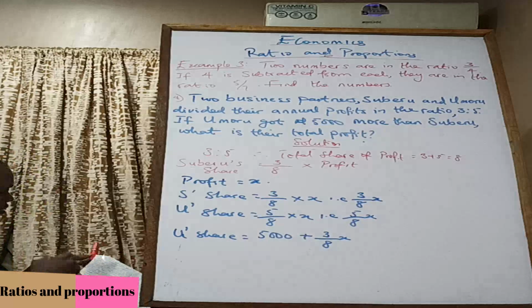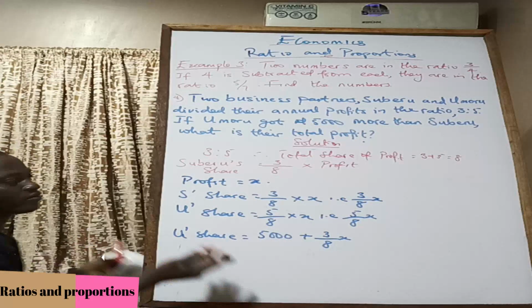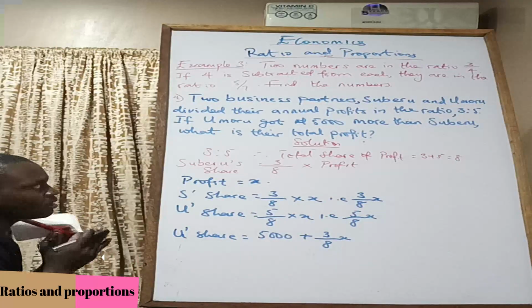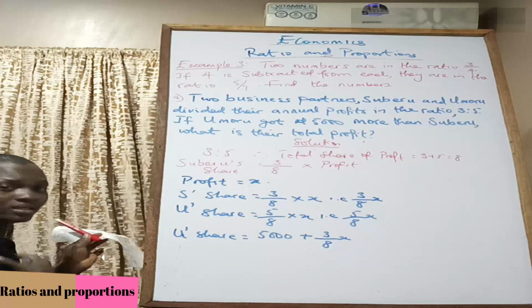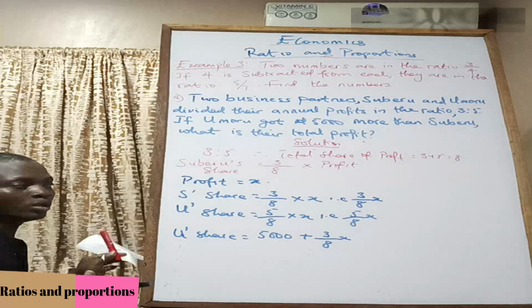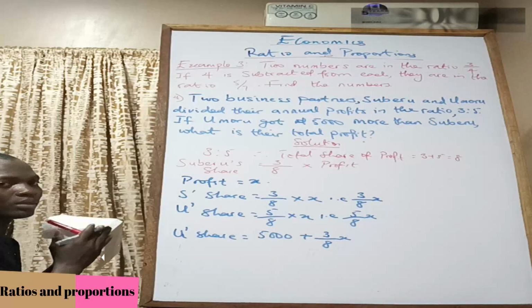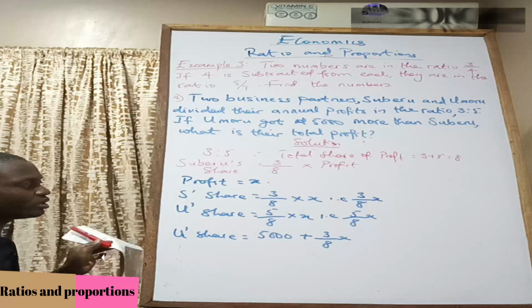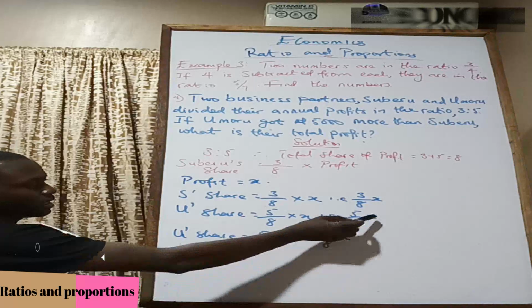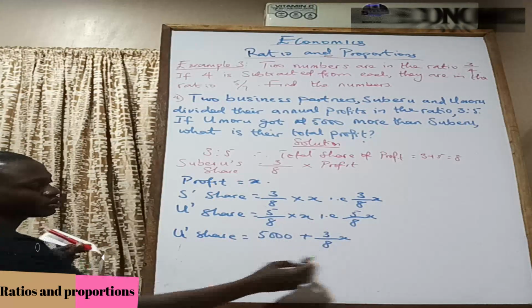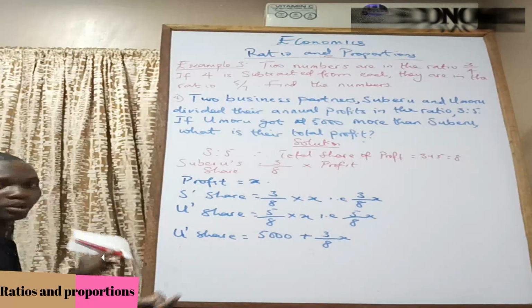So I don't know if you understand this. Umaru's share normally is 5/8 of x. But there's now additional information that says the share that Umaru got is equal to what Subaru got plus 5,000 naira. So this 5/8x and 5,000 plus 3/8x are proportionate.